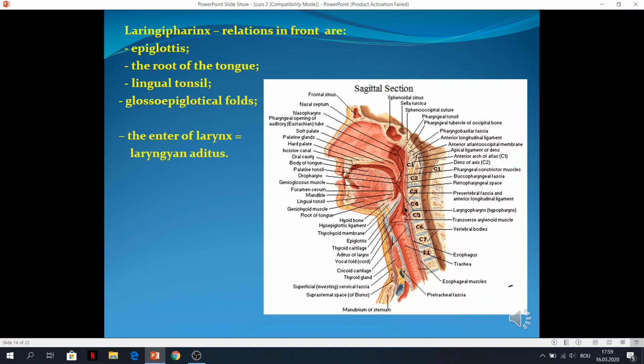Because of its position, we can say that it has relation with the epiglottis, with the root of the tongue, with the lingual tonsil, which is right here on the superior surface of the tongue, but on its dorsal part. And I'm sure that you remember the tongue is connected with the epiglottis by glossoepiglottic folds, which are three in number, so we can mention them for the relations. This entry into the larynx, we say it's the laryngeal aditus.